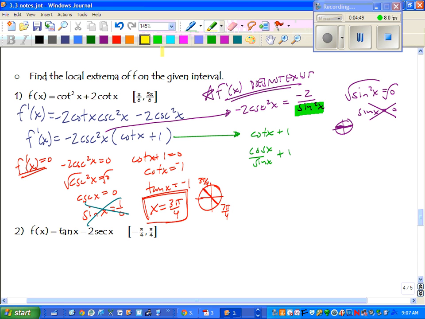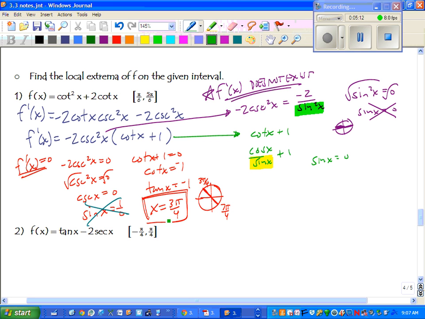So again, if this denominator is equal to 0, that makes this derivative not exist. But we end up with the same problem that we had before. Neither of the answers are going to fall within this interval. So in this interval, there are no points where the derivative does not exist. This is our only critical value.